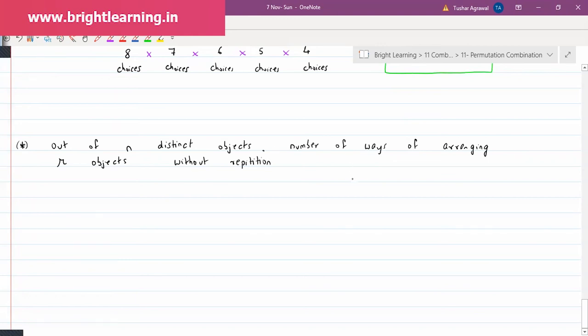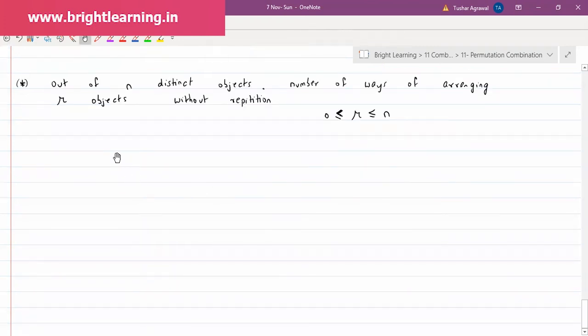So total n objects are there, and we arrange r objects without repetition, where r is definitely less than or equal to n and greater than or equal to 0, obviously. We are always dealing in integers only, positive integers or whole numbers, you can say.